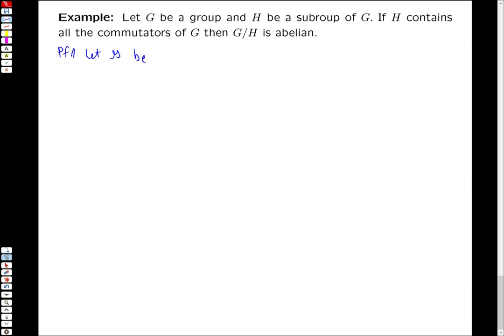G be a group and H be a subgroup of G. Let H contain all commutators of G.